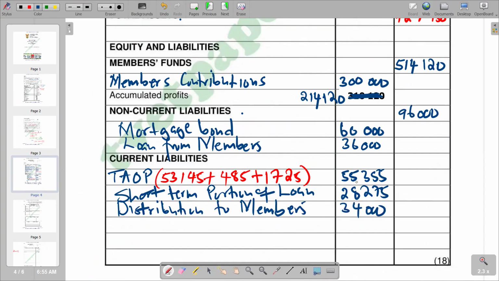Then from there, we can now add 55,355 plus 20,275 plus 34,000. So you're going to see that the total that we are supposed to get is 117,630. We can just try to confirm that calculation.